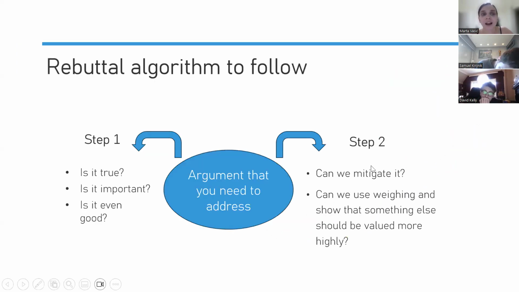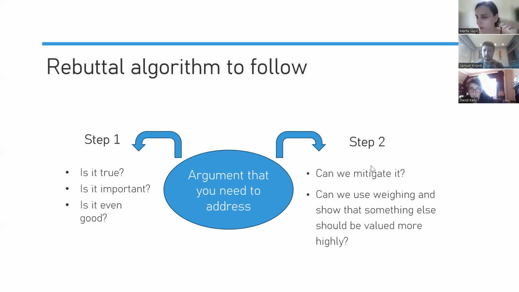So, a rebuttal algorithm to follow, because very often when you need to rebut things, you're kind of lost because you can do so many things with it, and there are so many different replies that you can do. So I have intuitively developed this two-step process for how I deal with whatever I hear in a debate.